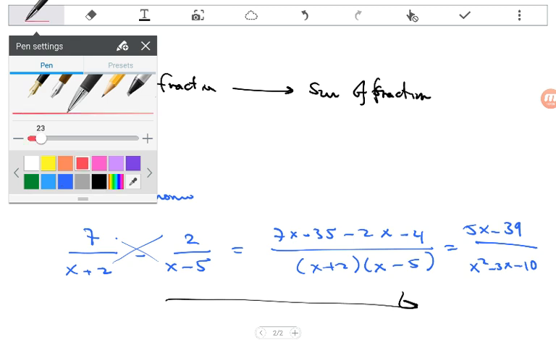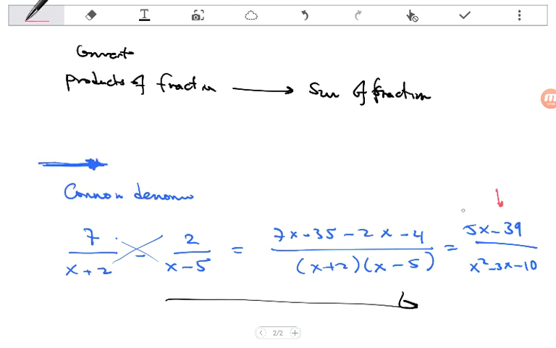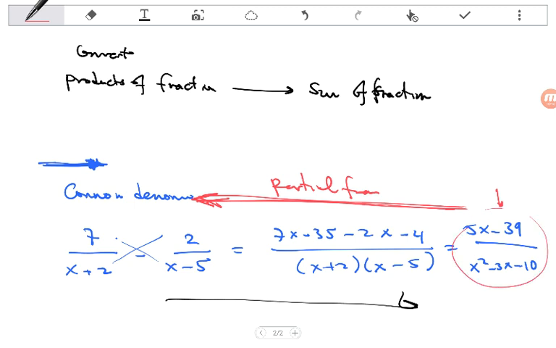If I had this expression in the first step, I need to make it like this. This operation will be called partial fractions. This expression is just like this. It is 5x minus 39, and here are some brackets.